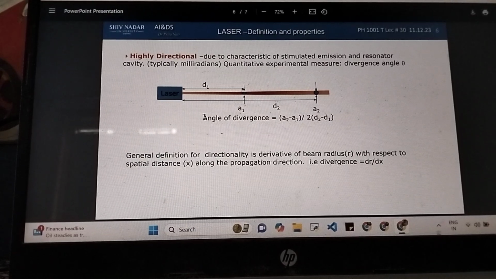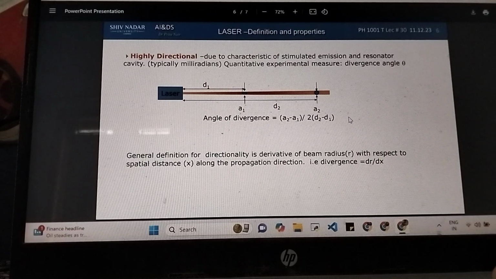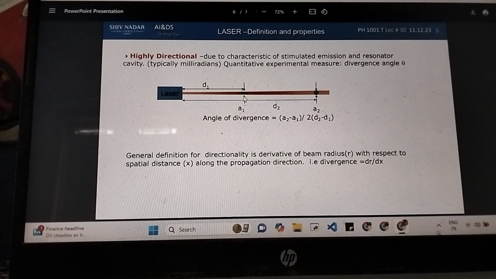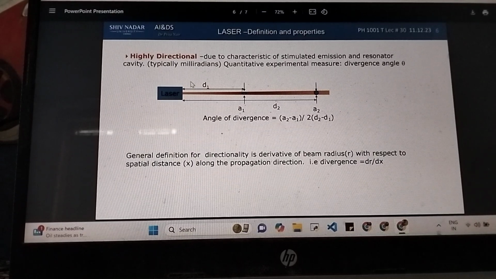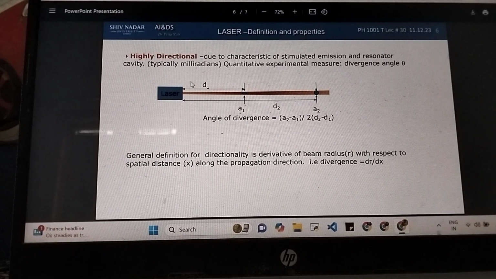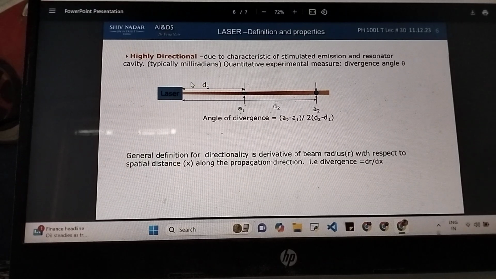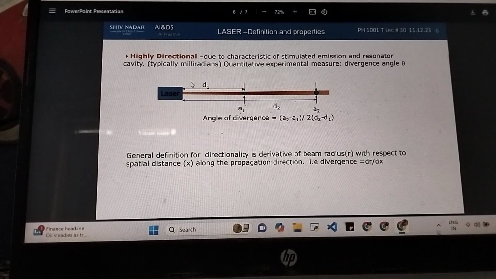So the angle of divergence is given by (A2 minus A1) by twice of (D2 minus D1), where A2 and A1 are the beam diameters taken at distances D2 and D1 from the laser respectively. The smaller your angle of divergence, the more directional your light source is. And by properties, lasers are highly directional. That's the third property.